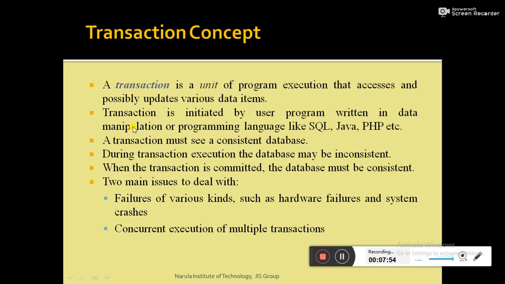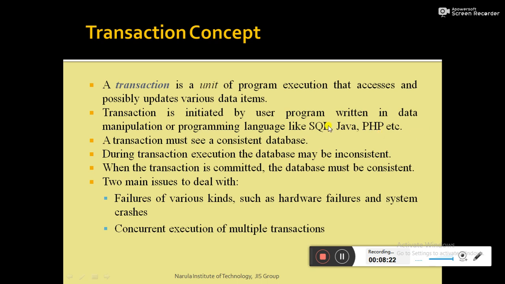And as I have mentioned, transaction is a unit of program execution. That means for transaction we have to write some kind of programming, or perform some kind of coding. Now this program or this code can be written in a high level data manipulation language or programming language like SQL, Java, PHP, ASP.NET, VB.NET.